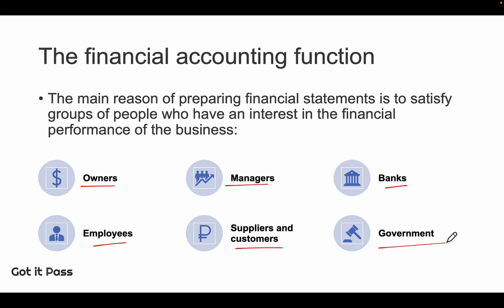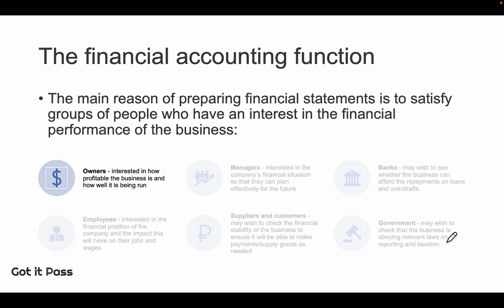Now we see why these stakeholders are interested in the financial statements prepared by the company. For the owners, they are interested in how profitable the business is and how well it is being run.